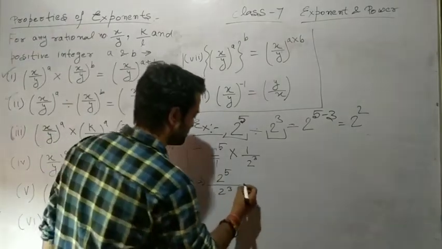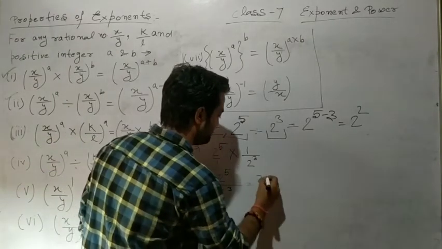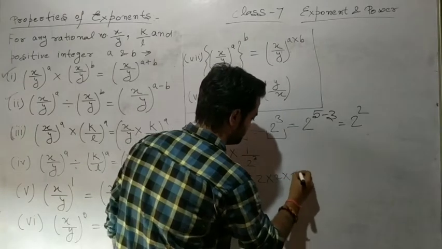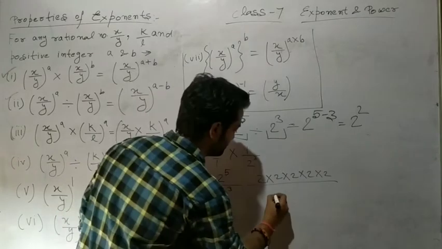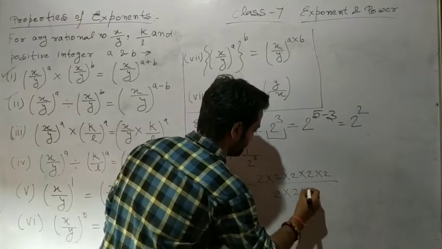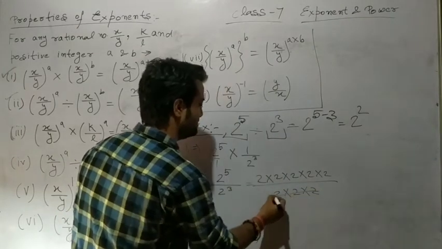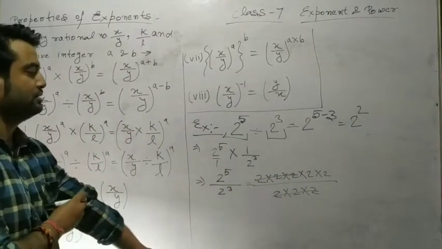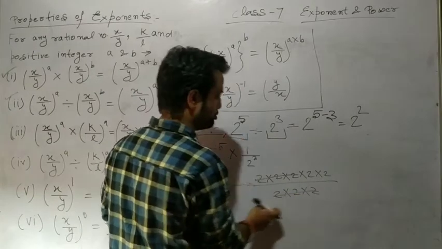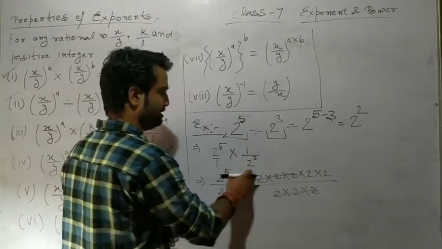Now let's expand this. 2 raised to the power 5 means 2 multiplied 5 times, and 2 raised to the power 3 means 2 multiplied 3 times. Now these 3 2's will cancel these 3 2's.